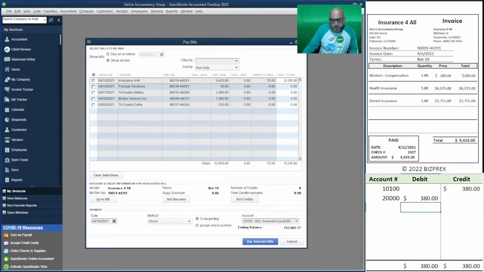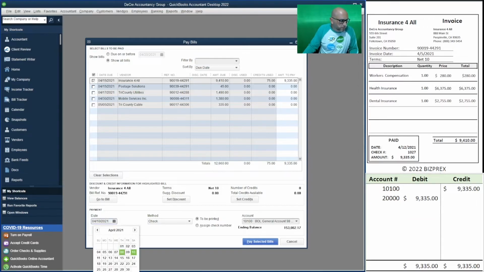In this case, we're paying 9,335. The reason is that we posted a credit memo that reduced accounts payable, so simply 9,410 is no longer in that accounts payable, right? It was reduced by $75, and therefore the amount in accounts payable associated with this vendor is $9,335.